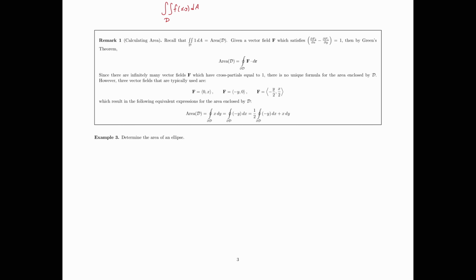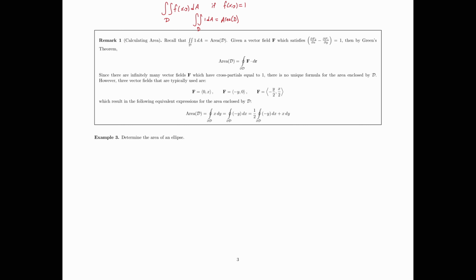You can integrate any function you want, but if our function f of x, y equals 1, then the answer you get numerically gives you the area of that domain D.